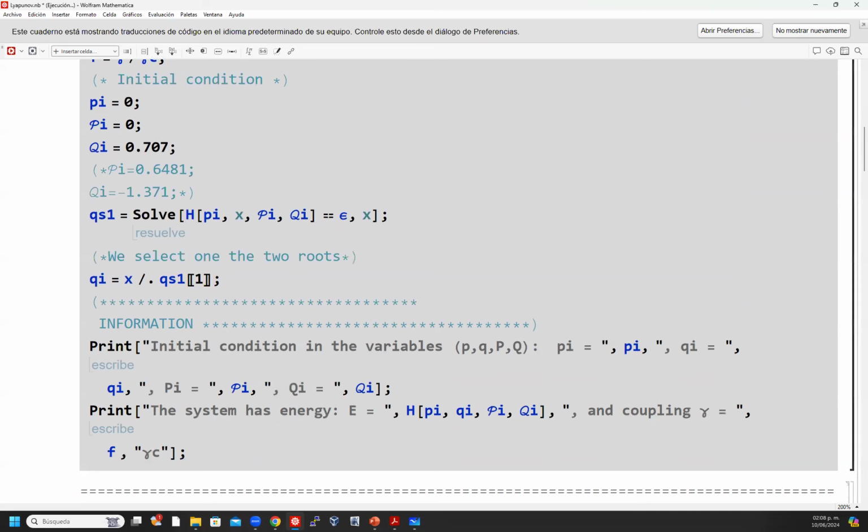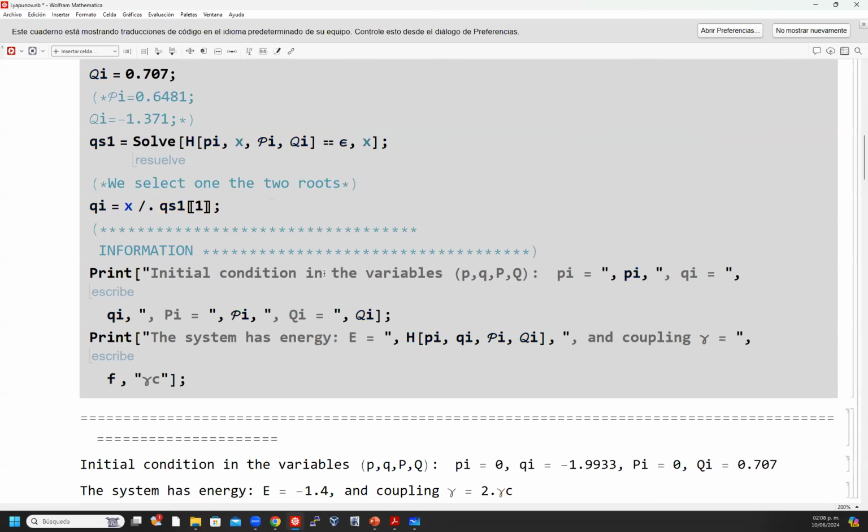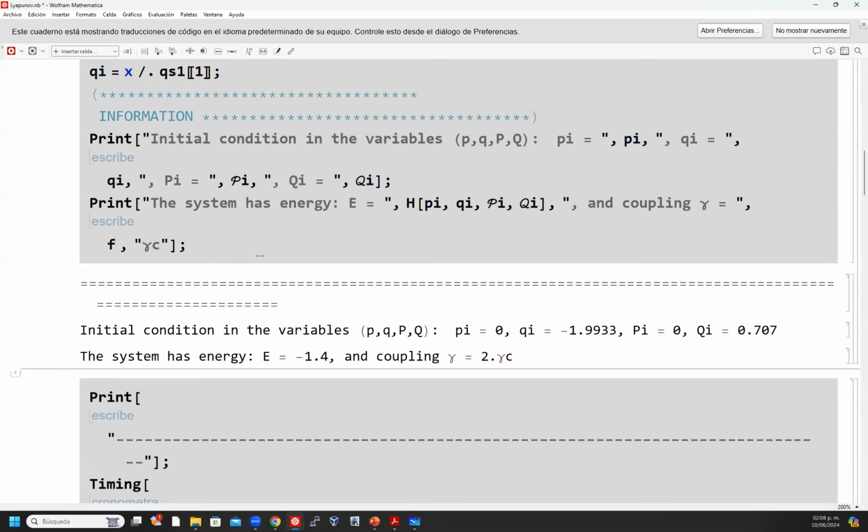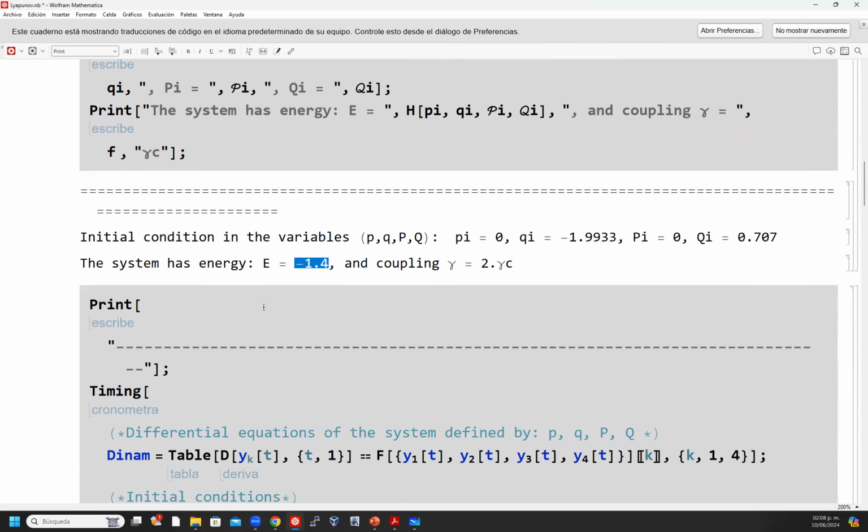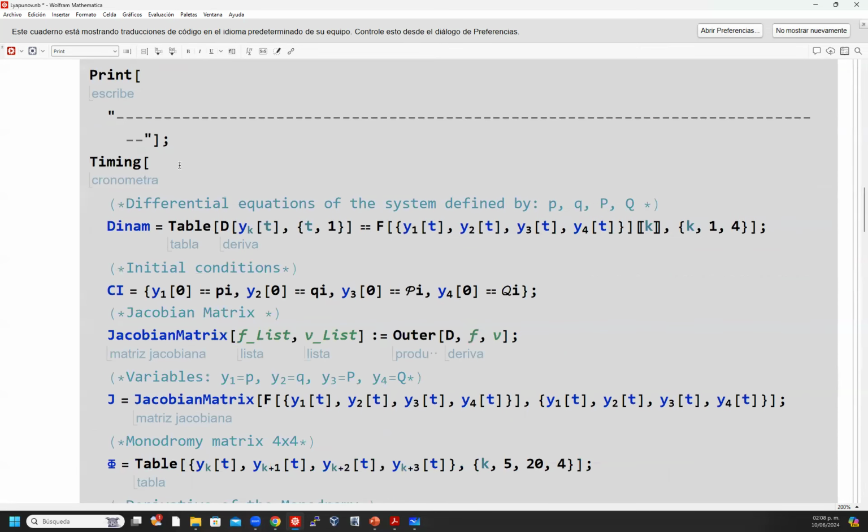Now we can verify that all is fine. I run the first part of the code, and this is the initial condition, and I calculate the Hamiltonian using the initial condition just to prove that the energy that I wrote is fine. That is -1.4, and the coupling is this one. Now the next part is how to solve the dynamical equations of the system.